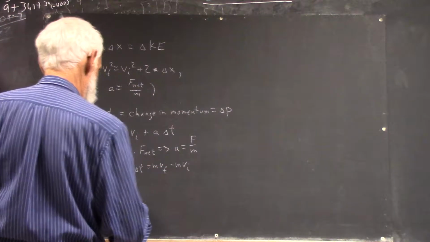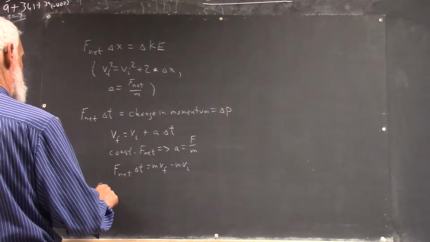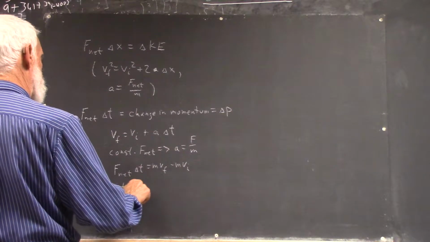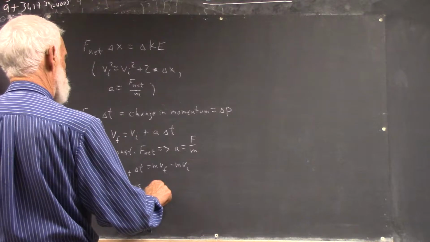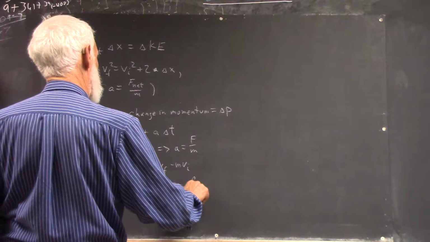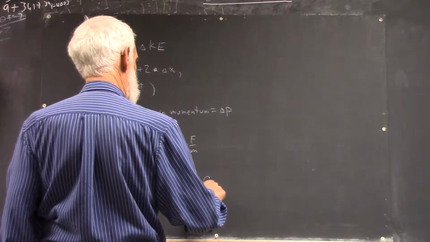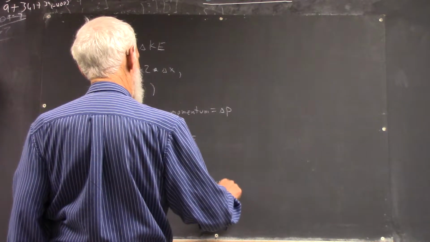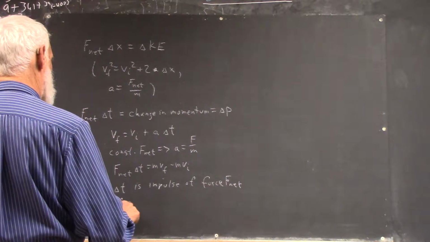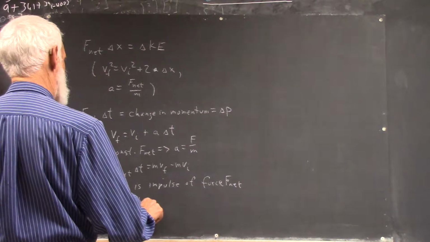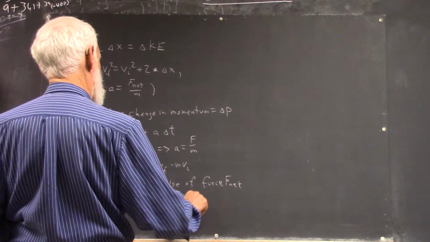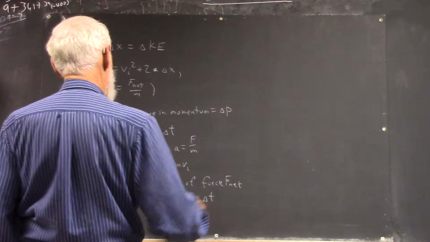We call F net delta t the impulse: the force F net applied for time interval delta t.